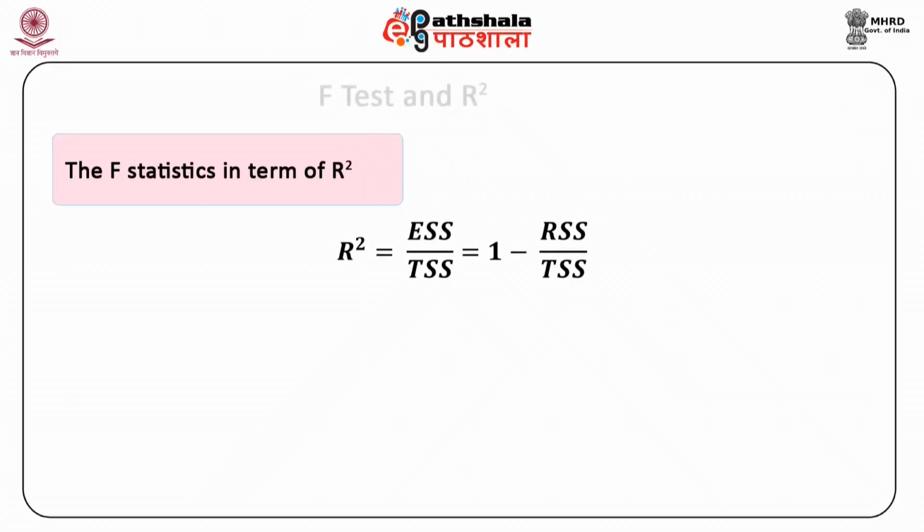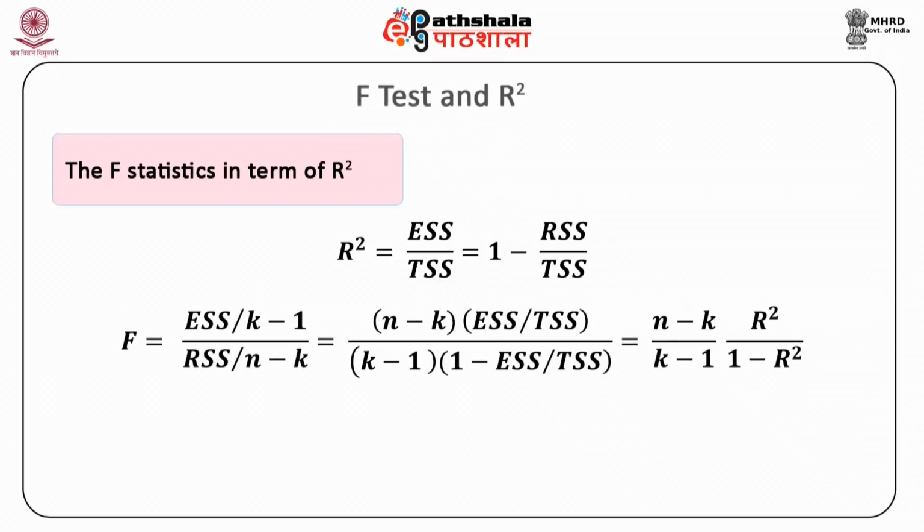F test and R square. We can express the F statistic in terms of R square as well. We know that R square is equal to ESS upon TSS and is equal to 1 minus RSS upon TSS. So F is equal to ESS divided by K minus 1 upon RSS divided by N minus K. Now this is equal to N minus K into ESS upon TSS, and in the denominator we have K minus 1 into 1 minus ESS upon TSS.